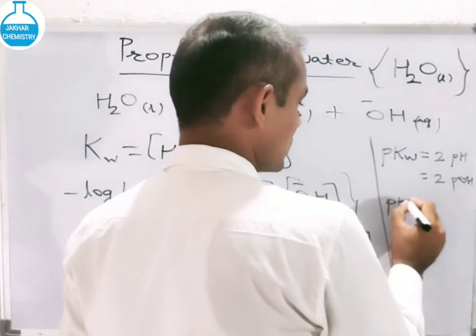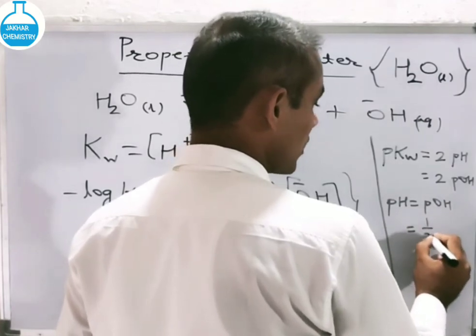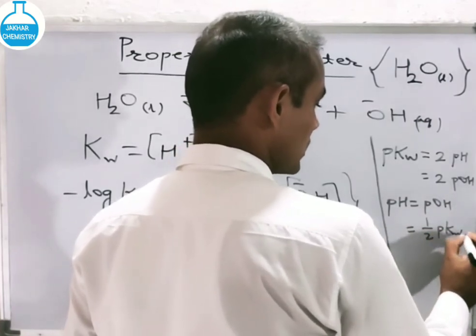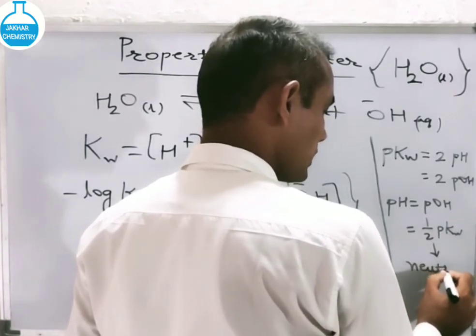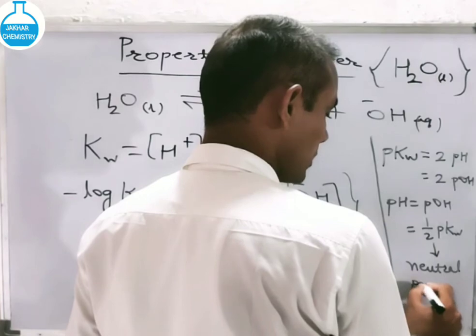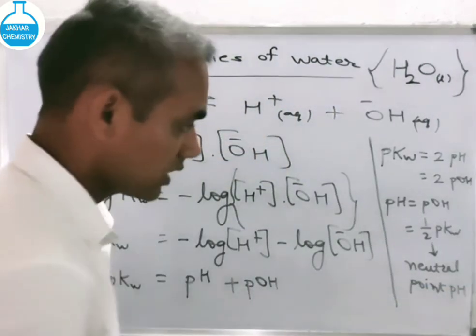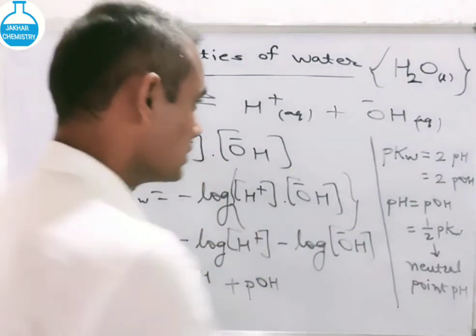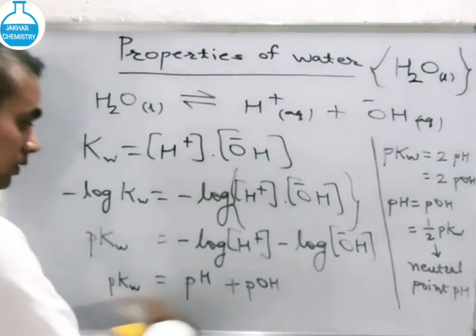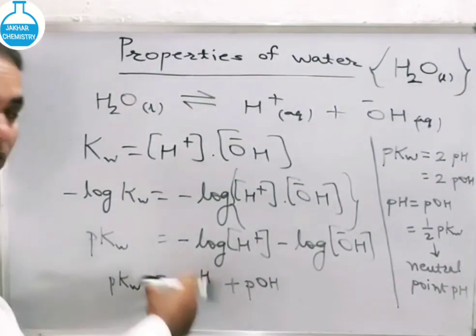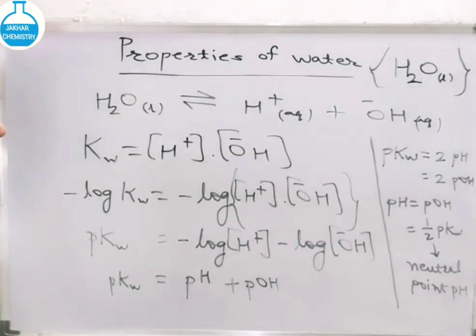Or we can say in pure water pH equals pOH equals half of pKw, and this is known as neutral point pH. Do remember, it is known as neutral point pH, and this is applicable for pure water only. The relation pKw equals pH plus pOH is applicable for all solutions, whether it is pure water or any other acidic or basic solution. pKw is always equal to pH plus pOH. Okay.